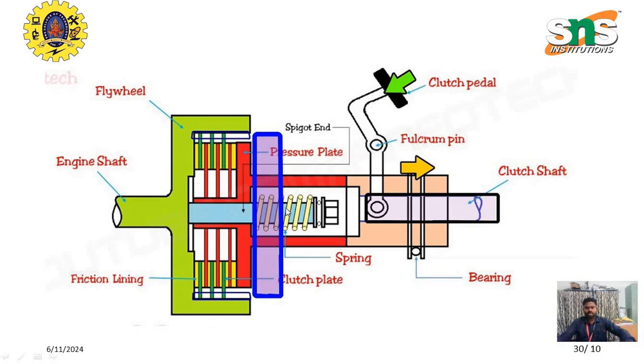But here we use n number of clutch plates instead of a single plate. In the single plate clutch we have only one clutch plate, whereas here we have more than one, like 2, 3, 4, 5, in order to attain better effectiveness and efficiency.